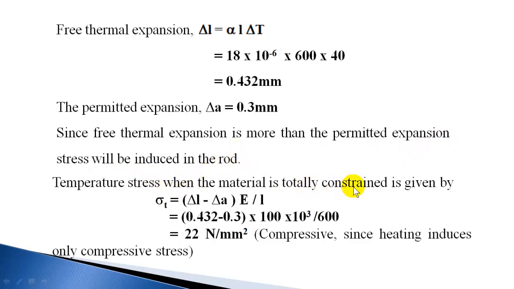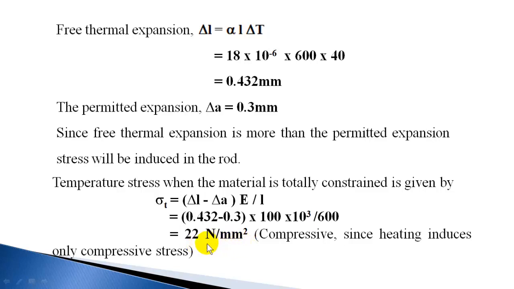Now the temperature stress you can calculate is del L minus del A into E divided by L. So del L is free expansion 0.432, del A is permitted expansion 0.3, Young's modulus is 100 into 10 raised to 3 divided by length 600. You will get the value as 22 Newton per mm square or 22 megapascal.